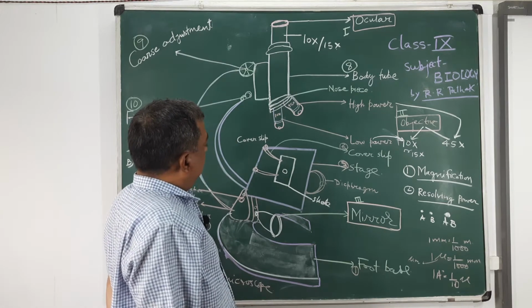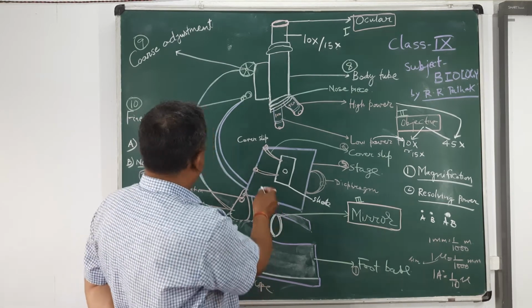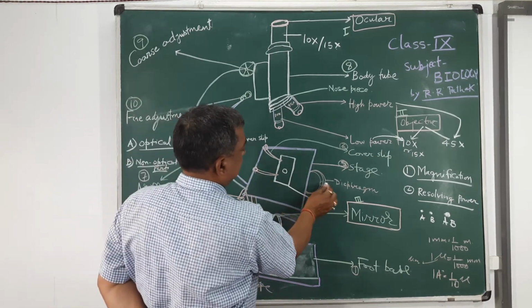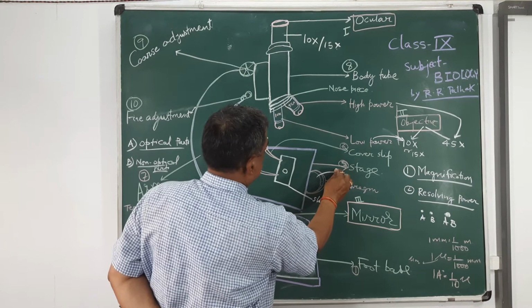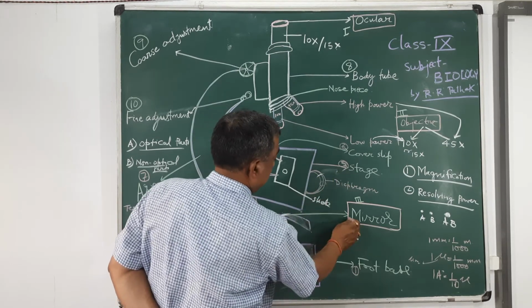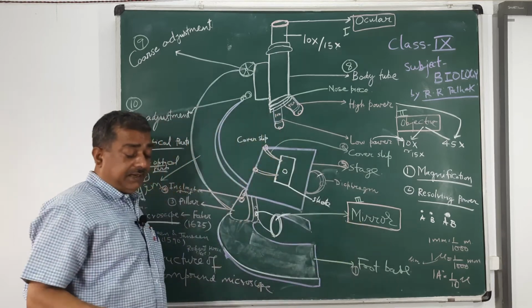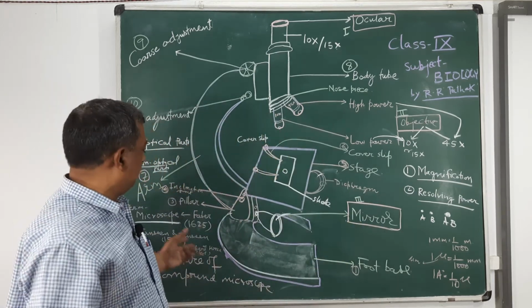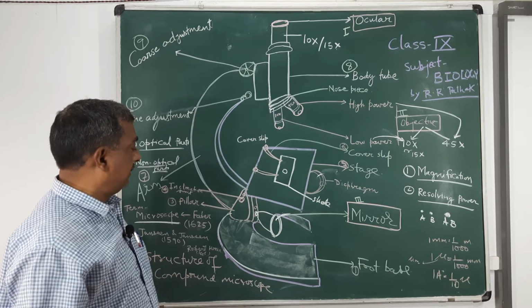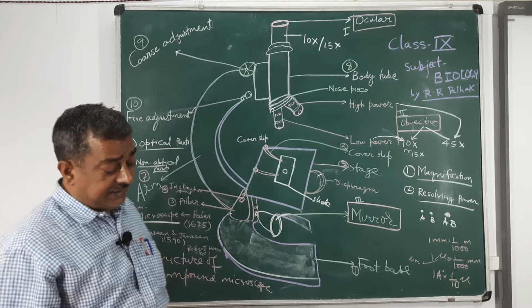The third optical part is the mirror. The mirror is the third very important part of the light microscope, because light is required.